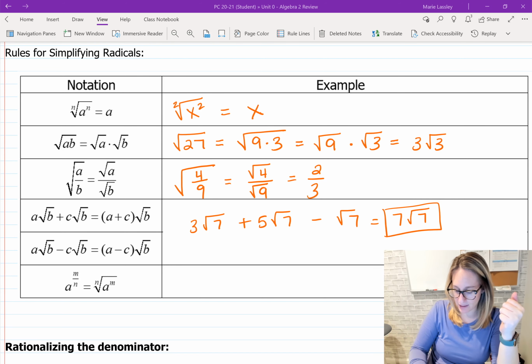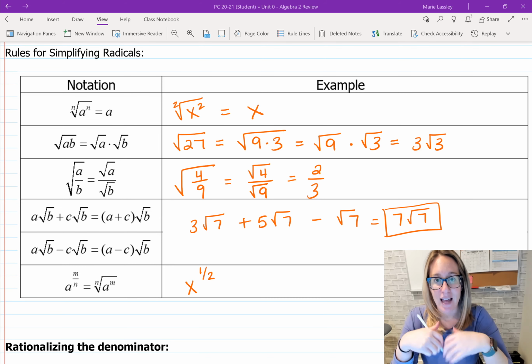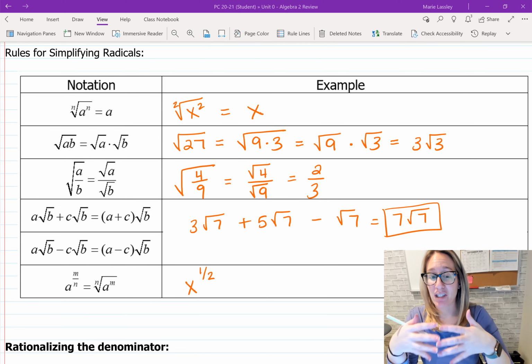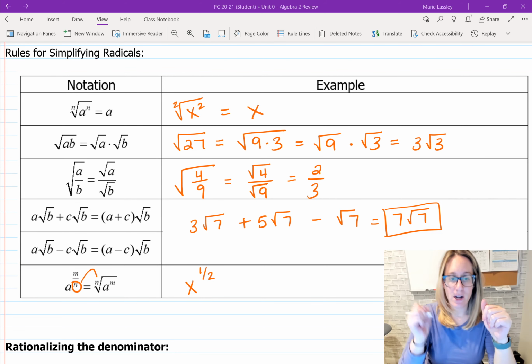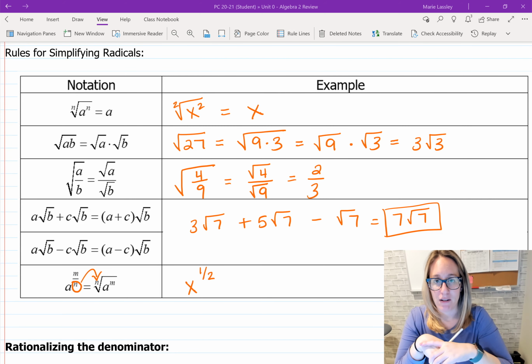So if I had x to the power of 1/2, that's the same as saying I have the square root of x to the first. The main thing is this number on the bottom will always match the number that's on the outside of the square root symbol. That's called your radicand. You don't need to know that, but it does have a name.